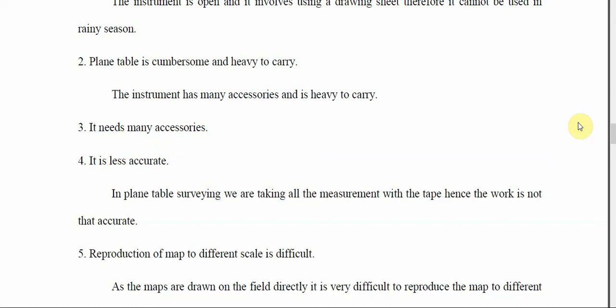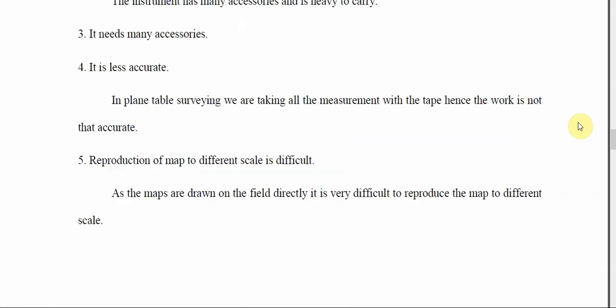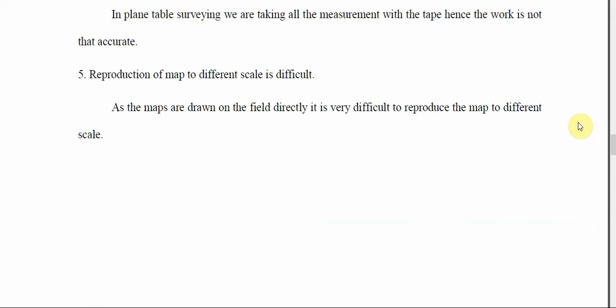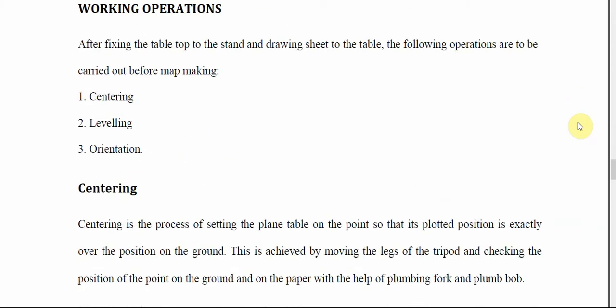So these were the advantages and limitations that were dealt with in the previous class. Now, the other concept that we went through in the previous class was working operations. Some of the working operations carried out by plane table are centering, leveling, and orientation.